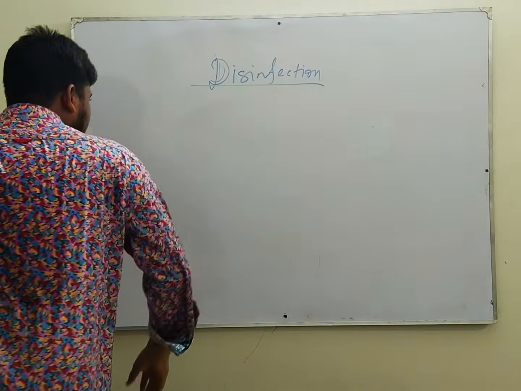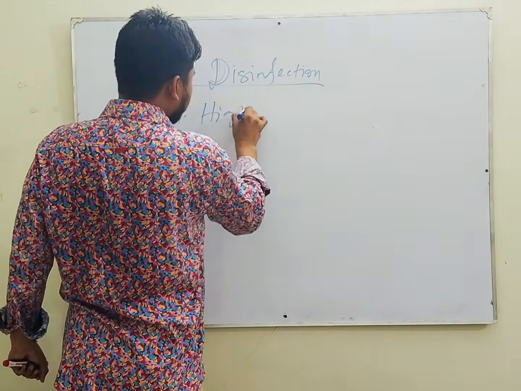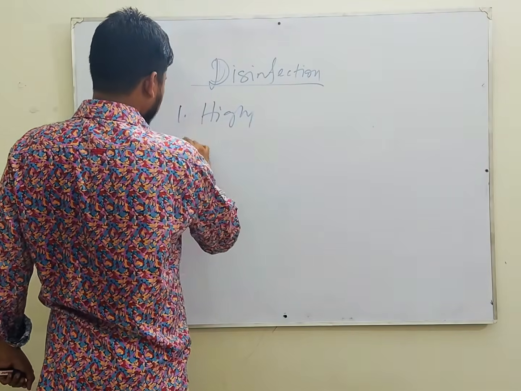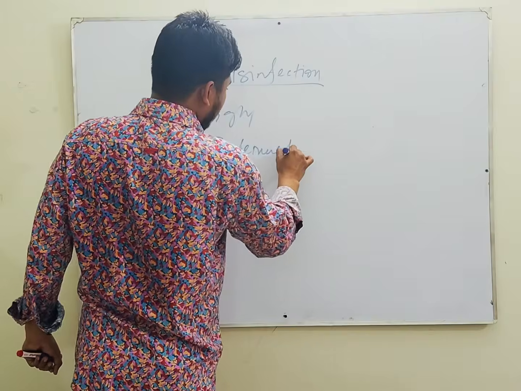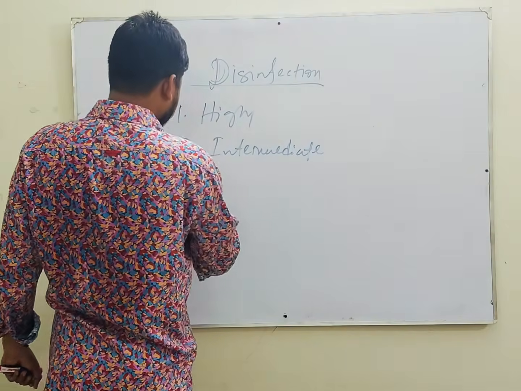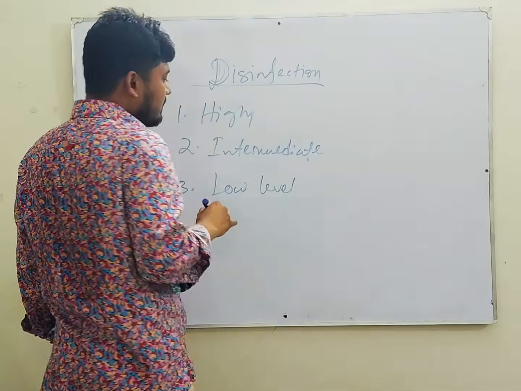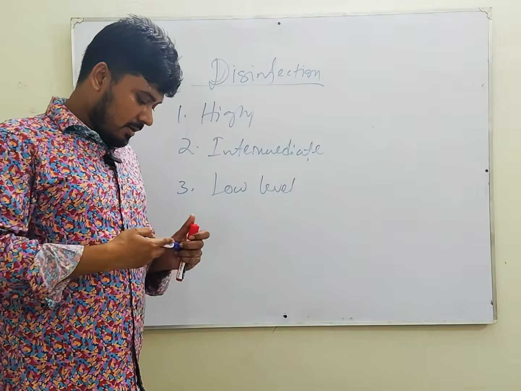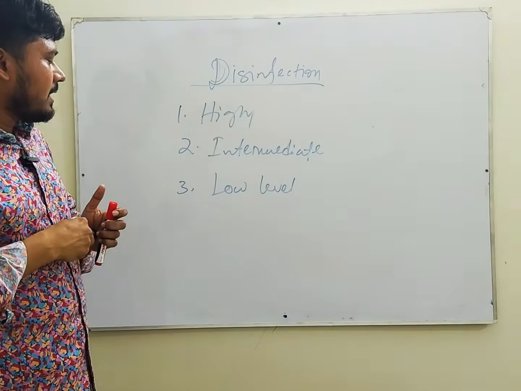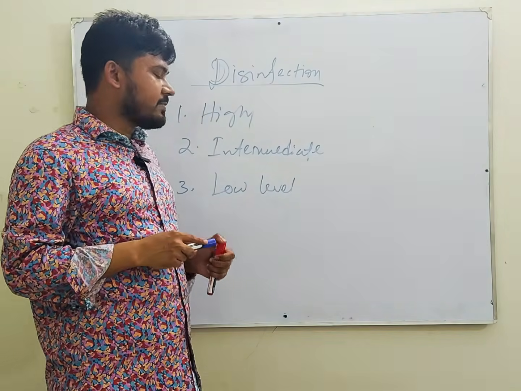And there are 3 levels of disinfection. Number 1, high level disinfection. Number 2, intermediate level disinfection. Number 3, low level disinfection. In high level disinfection, it will destroy all the vegetative microorganisms and may also destroy bacterial spore.